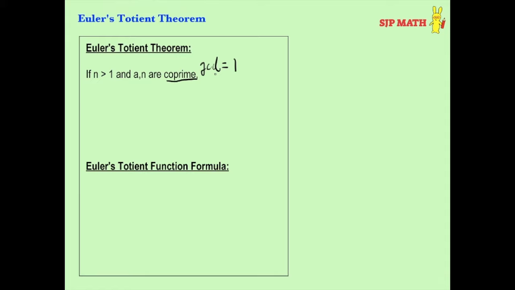This was discussed in the Euler's totient function video as well. So if n is an integer greater than 1 and a and n are coprime, then we get that a to the power of totient n is congruent to 1 mod n.